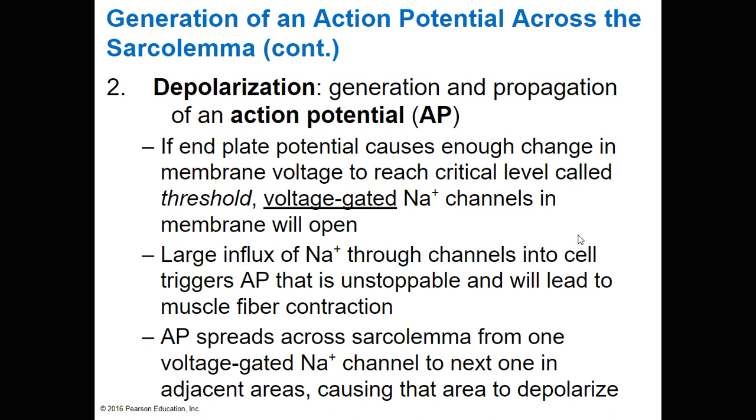So this is showing you step 2, depolarization. You had the local depolarization at the end plate potential, and once that local depolarization reaches a certain threshold, meaning you're going from negative to positive, which is what depolarization is, then an action potential fires because you're going to open these voltage gated sodium channels.